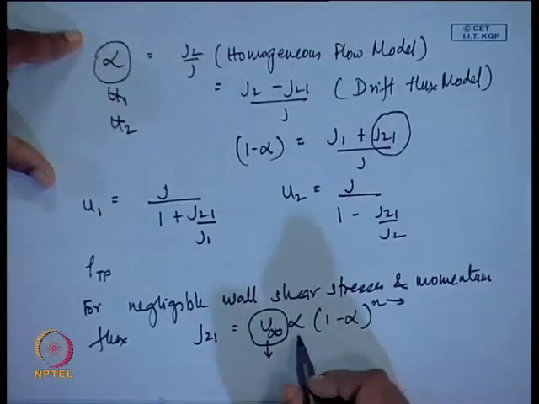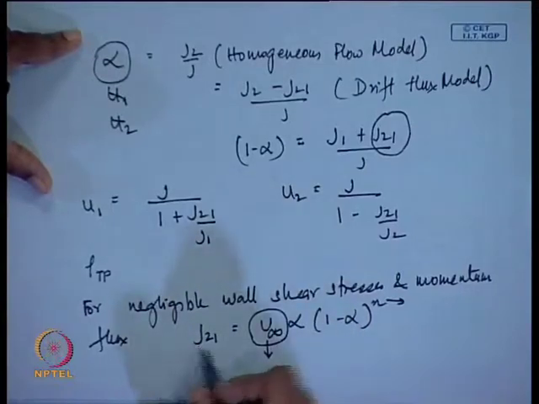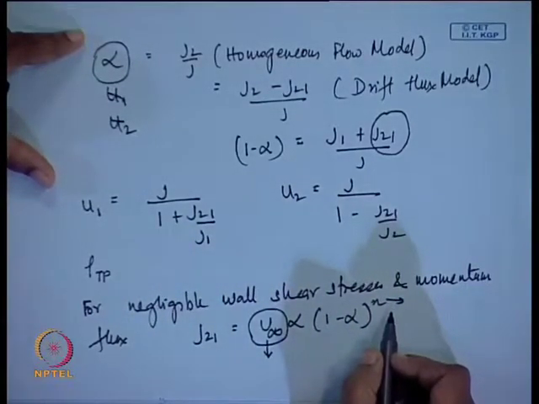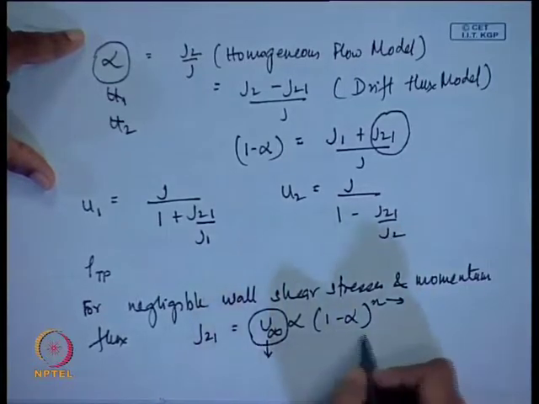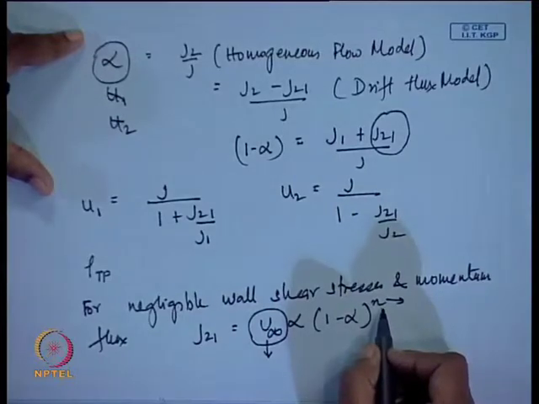Remember this, I had already told you while studying the drift flux model that more or less the curve of J21 can be approximated by this particular equation for a wide variety of fluid pairs, fluid properties, etc., where for the different flow situations u infinity and n take different values.